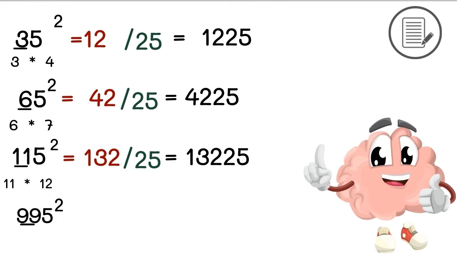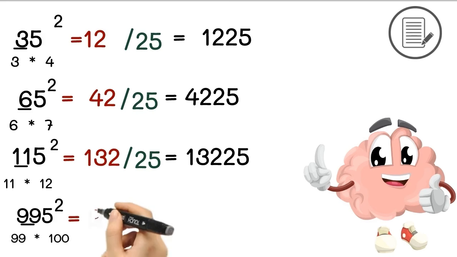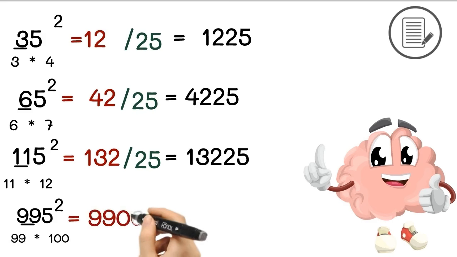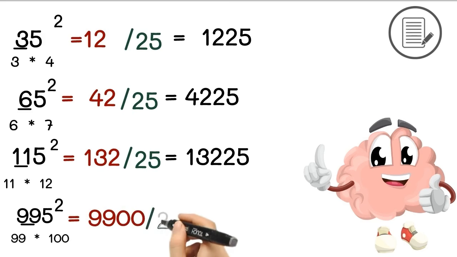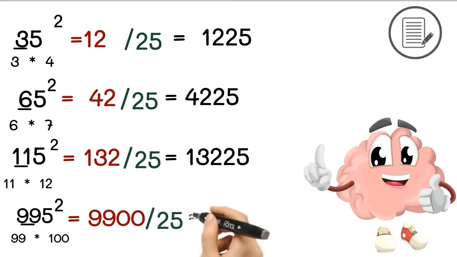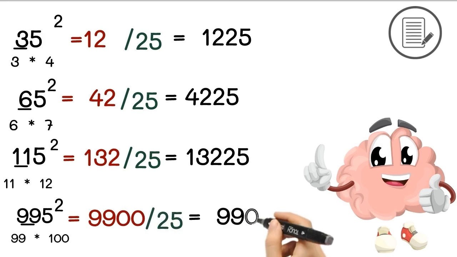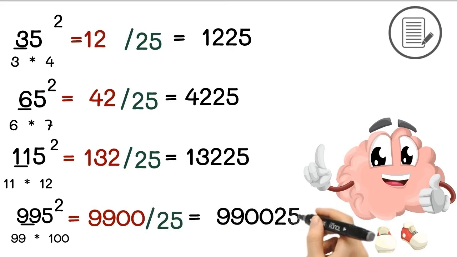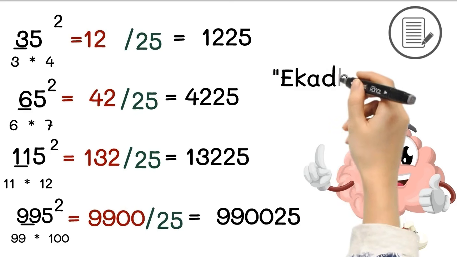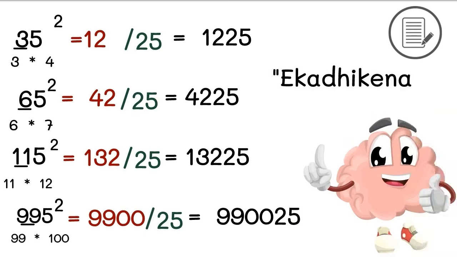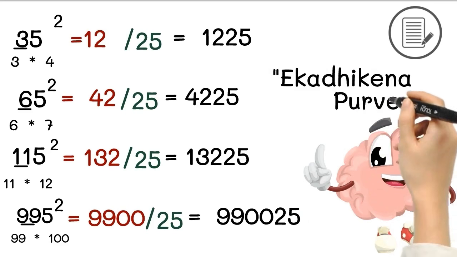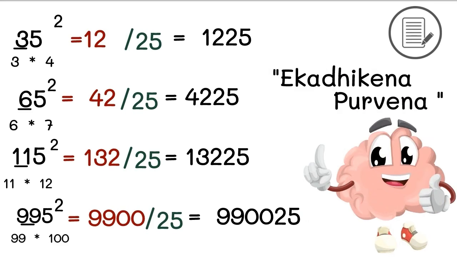Here we will take 99 and the next number is 100. So 99 multiplied by 100 equals 9900 and the second part is 25, so the square of 995 will be 990,025.